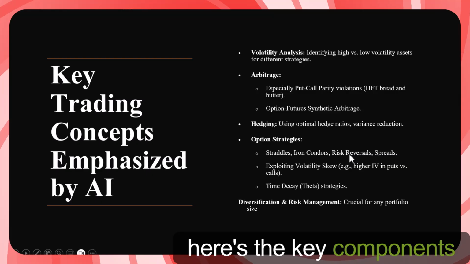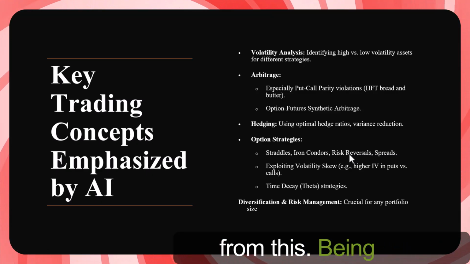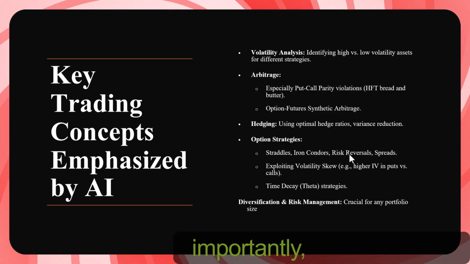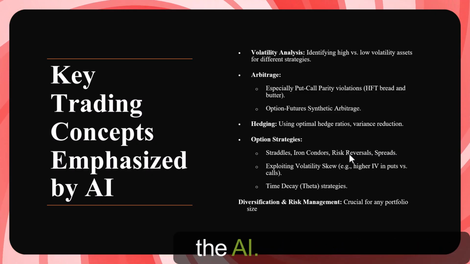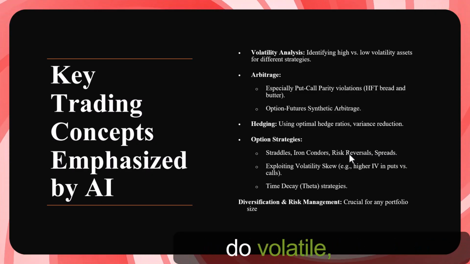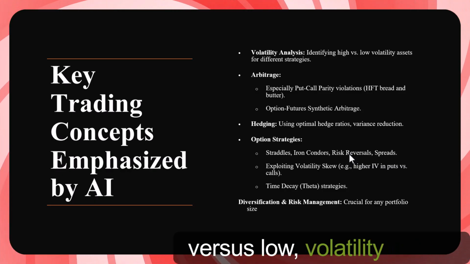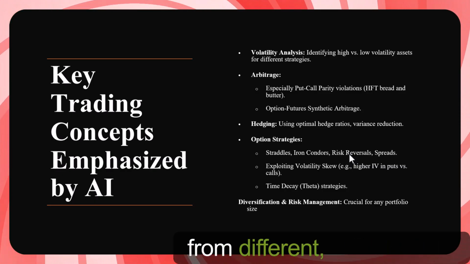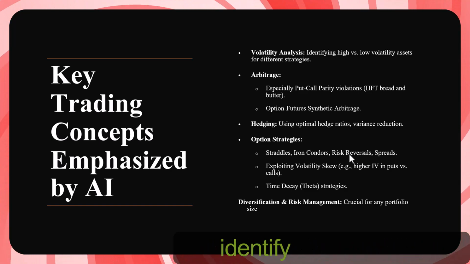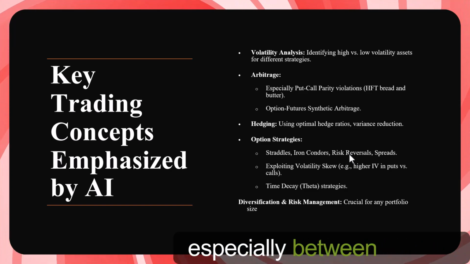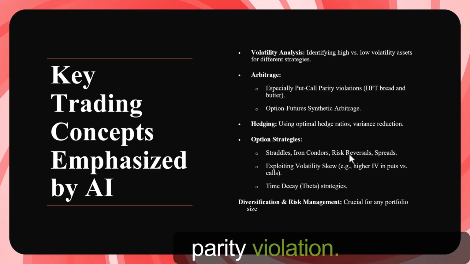So here are the key components from this, being very importantly emphasized by the AI. We could do volatility analysis, identify high versus low volatility assets for four different strategies. We can also identify for arbitrage, especially between put call parity violation.